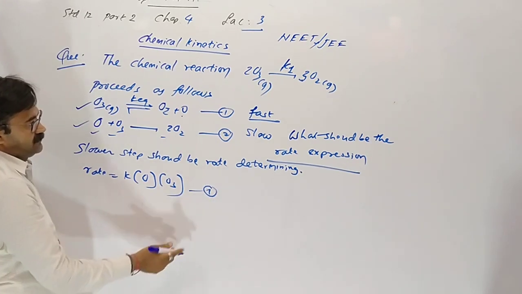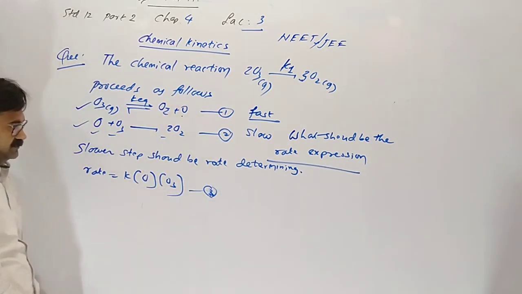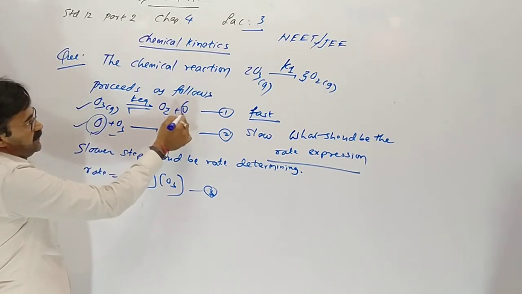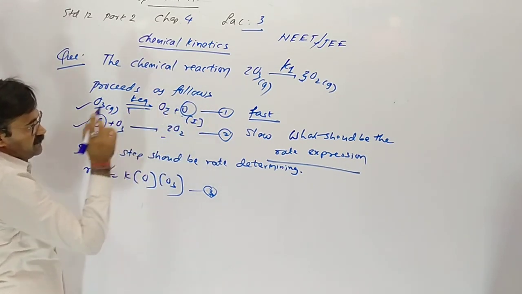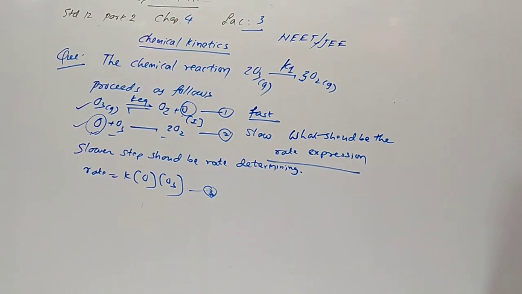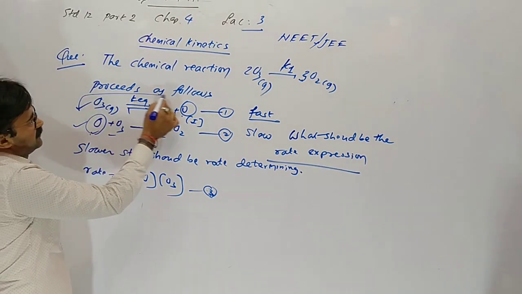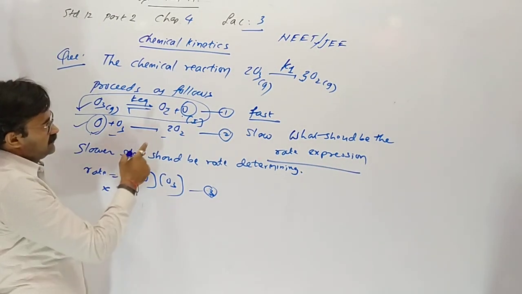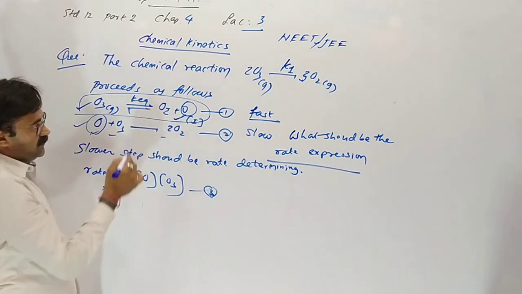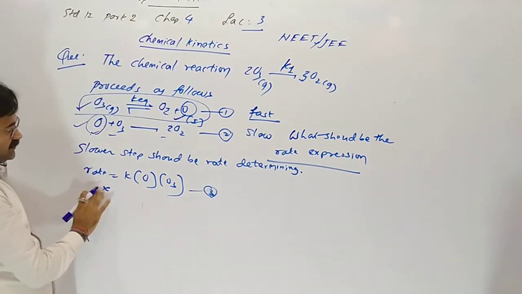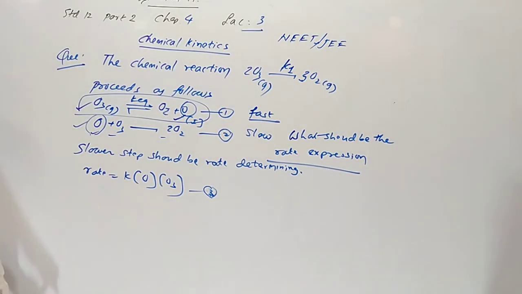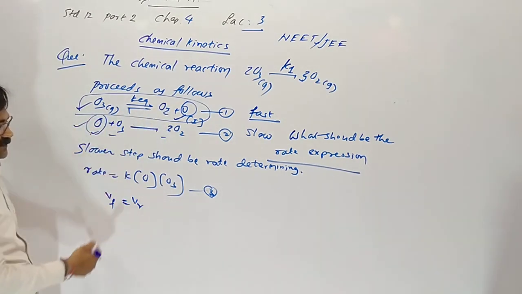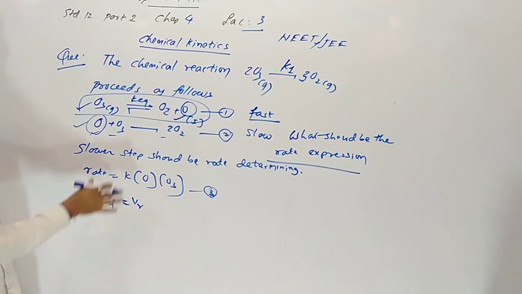Is it clear? But listen, in the slower step, O is an intermediate product of the faster step, which is reversible. So this is not the answer; we have to derive the value of O first. Our first reaction is in equilibrium, and the velocity of the forward reaction and the velocity of the backward reaction are both the same.